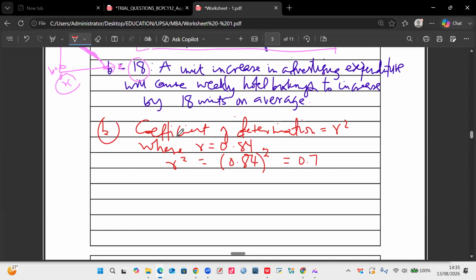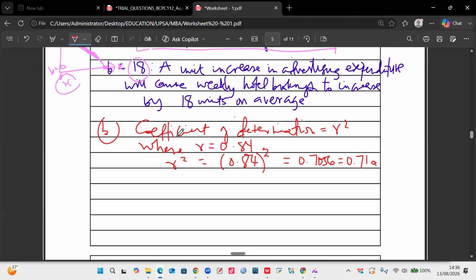Please hold on, my calculator is 0.7056. So you can keep it this way. Then you say equals, now I'll change it to 2 decimal places, 0.71. You can write APP, which means approximately.